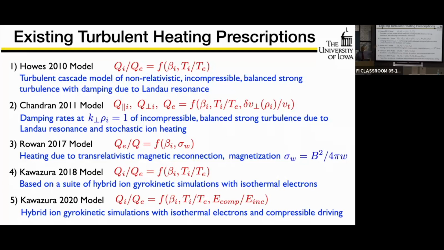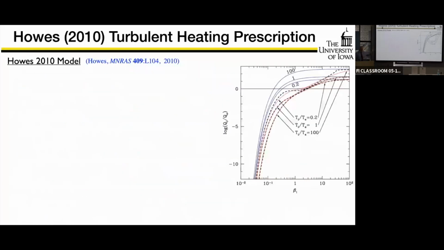So to give you a sense of what one of these models actually looks like, I'll show you my Howes 2010 model. This was published in Monthly Notices back in 2010. It assumes that you're driving it at large scale, here. This nonlinear parameter of 1 means that you're driving strong turbulence. There's no compressible fluctuations and it's balanced turbulence.